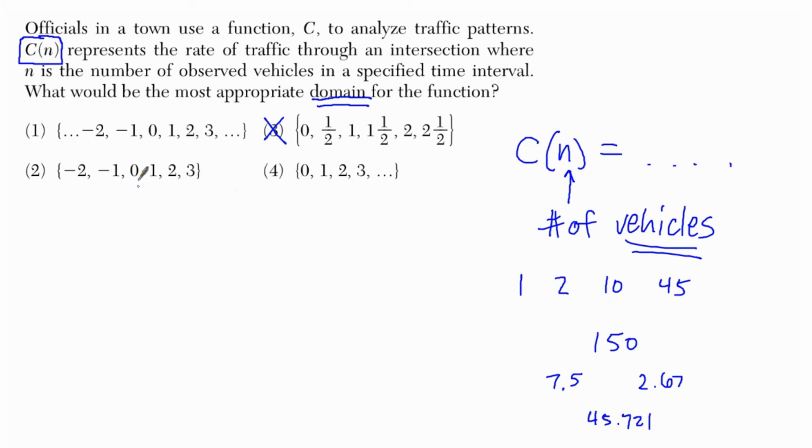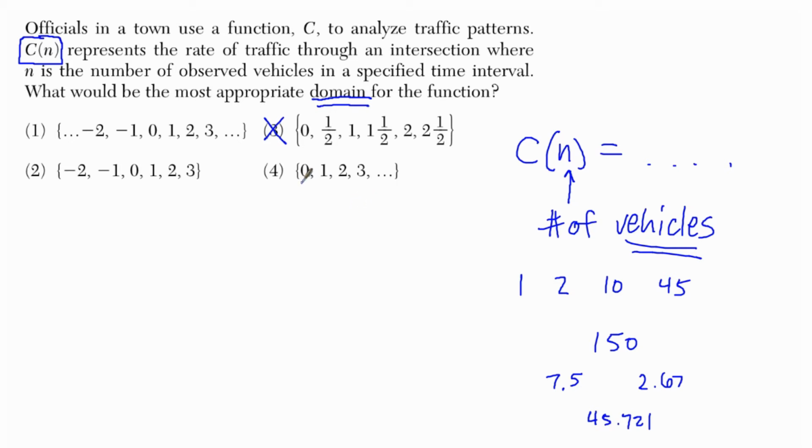Looking at our other answer choices, which of these have values that could potentially be numbers of vehicles? Well, I look at this one here and I see -1, -2. Can you have a negative number of vehicles? No, that doesn't make any sense. When we're counting something like vehicles or cars, what do we start at? We start at 0. There could be no cars going through the intersection.